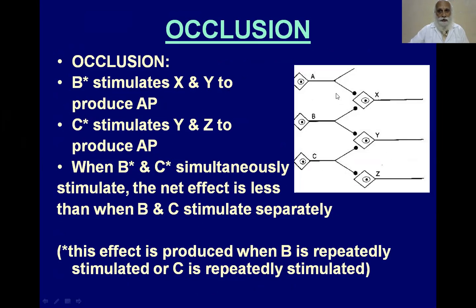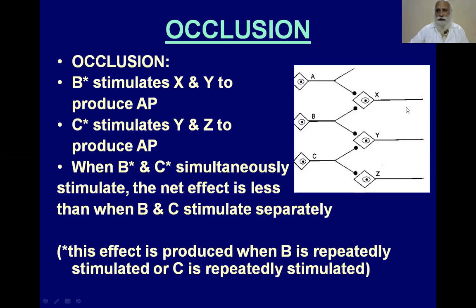Repeated stimulation. So B stimulates X and Y, C stimulates Y and Z. Okay, if the B and C are simultaneously stimulated and you are giving this tetanic stimulation, the net effect is less than when B and C stimulate separately. So suppose you stimulate B tetanically, or repeated stimulation is given.